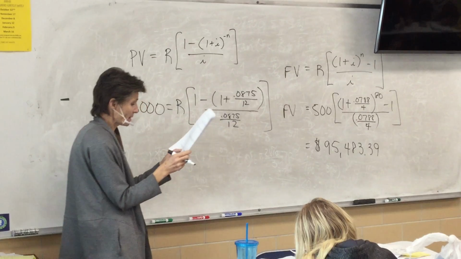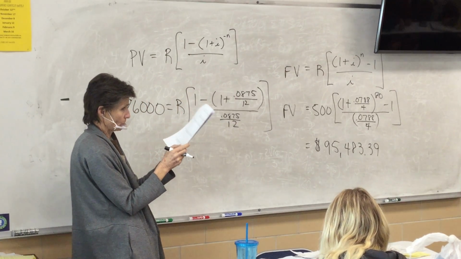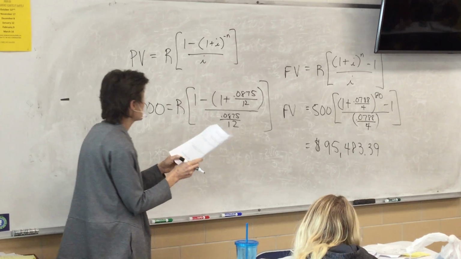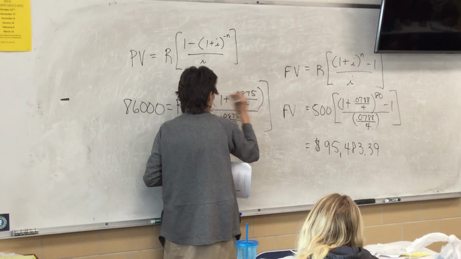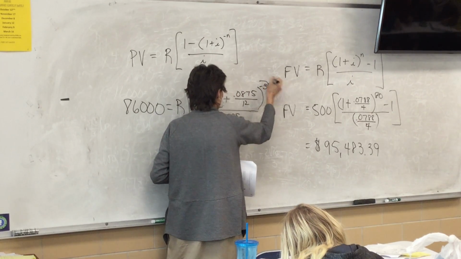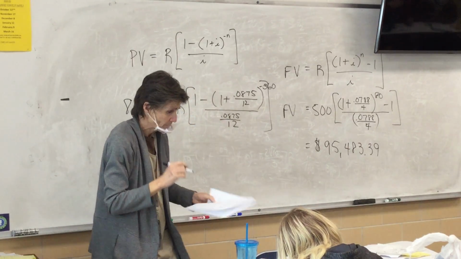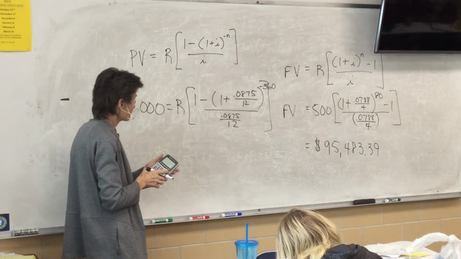How many payments am I making? This is a 30-year loan, and I'm making monthly payments. So what's my n? Yep, negative 360. In this formula, remember, that's a negative exponent up there.